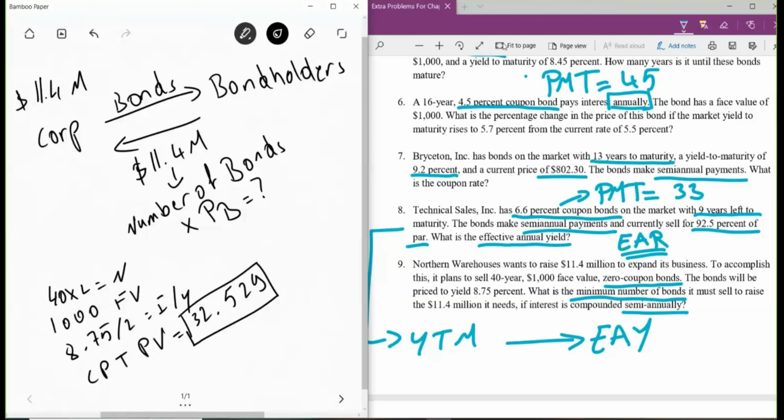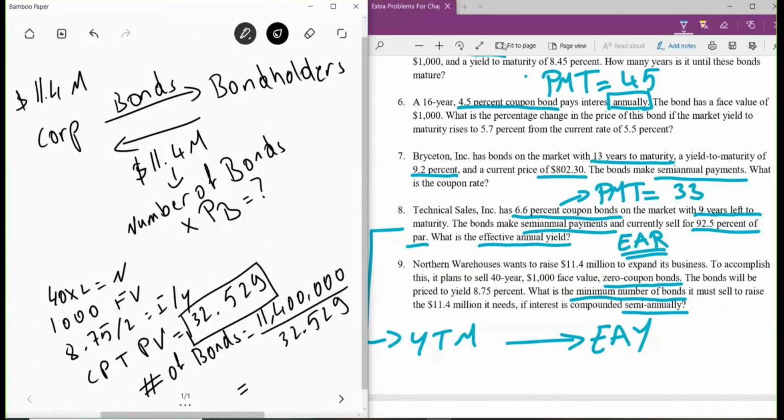Now, in order to find the number of bonds, number of bonds equals 11.4 million divided by the price per bond, divided by 32.529.